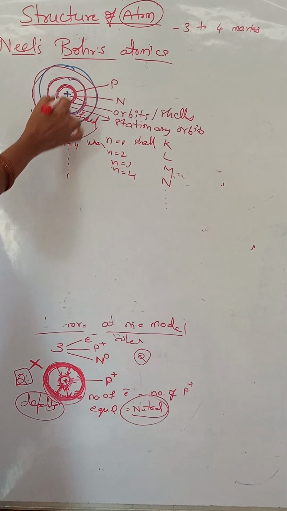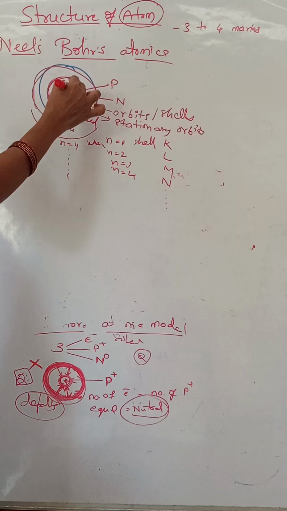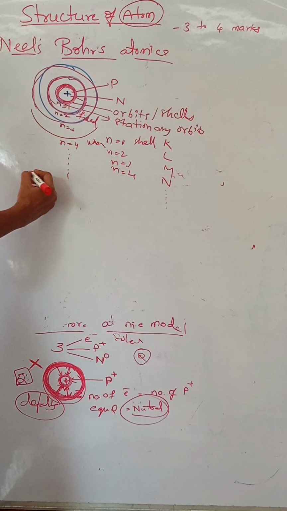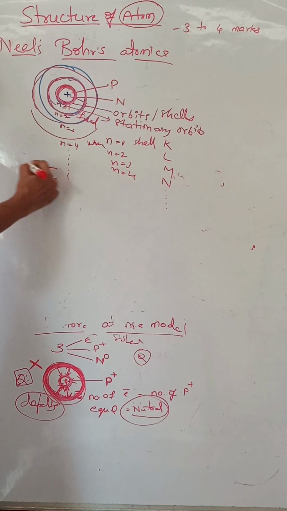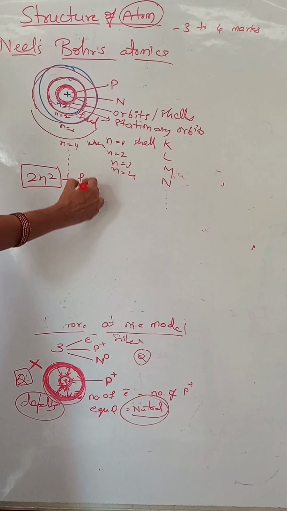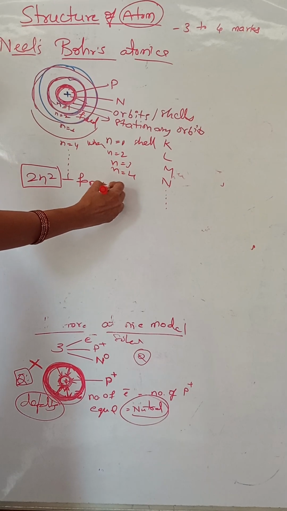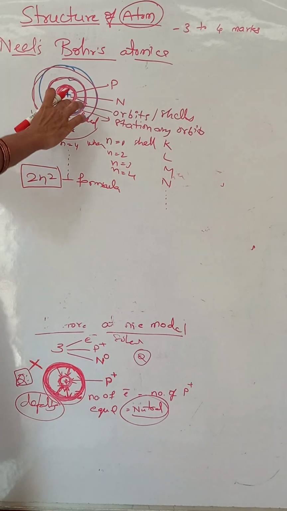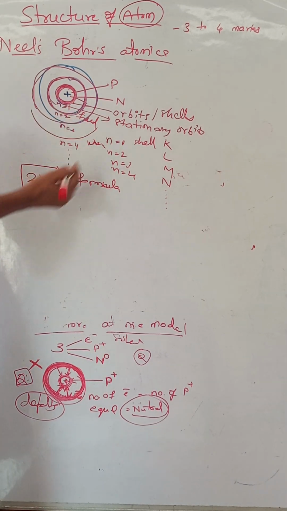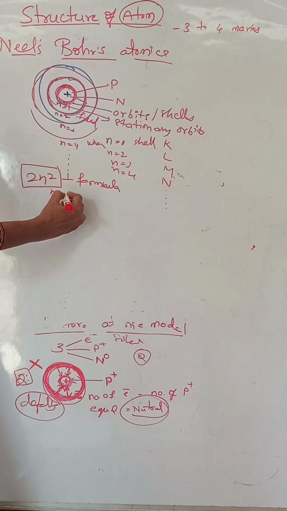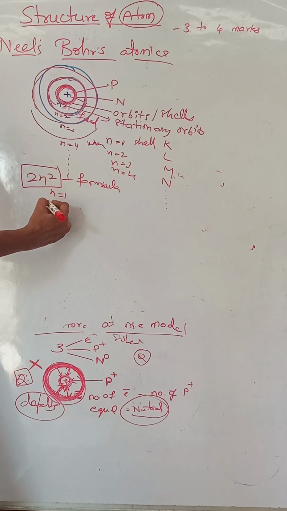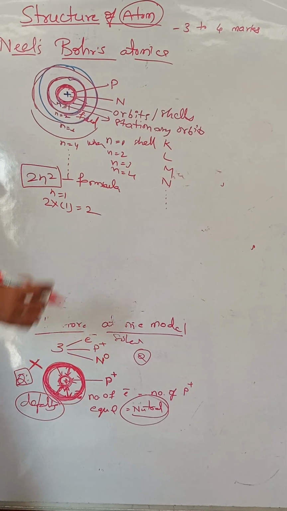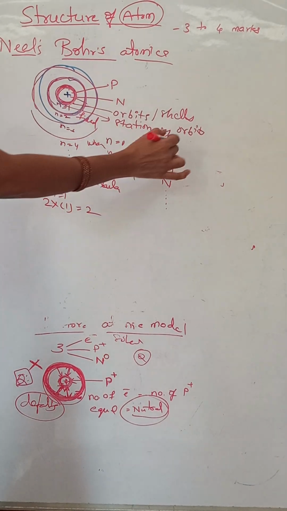Now we want to know how many electrons are present in each shell. 2n squared is the formula for the number of electrons in a shell. For n equals 1, 2, so the first shell has 2 electrons.